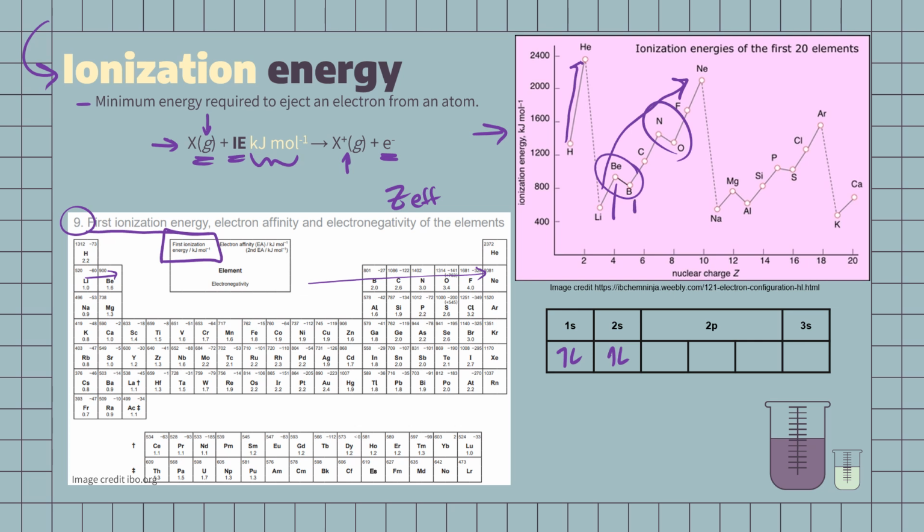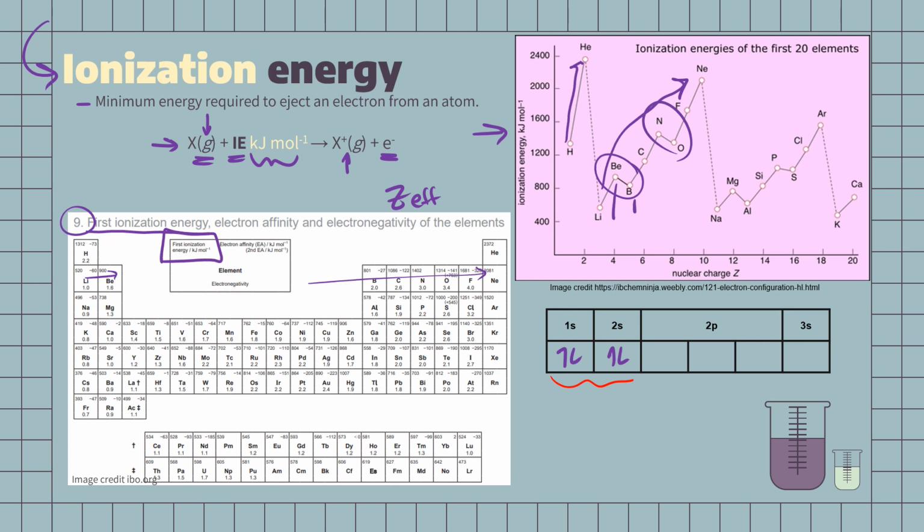Boron has 1 more electron, 1s2, 2s2, 2p1. It actually requires less energy to steal this guy away from boron because it is unpaired. When we go back to beryllium, all the electrons are paired. It actually requires more energy to steal that paired electron than it does to steal the unpaired.